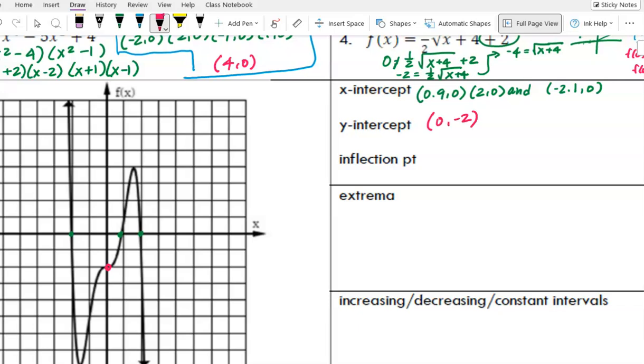And then the point of inflection. Remember, point of inflection is the point where it doesn't change direction, but it kind of has a little wobble. It's still increasing right there, but that's a point of inflection, and you could kind of see a cubic function if you know your cubic functions.